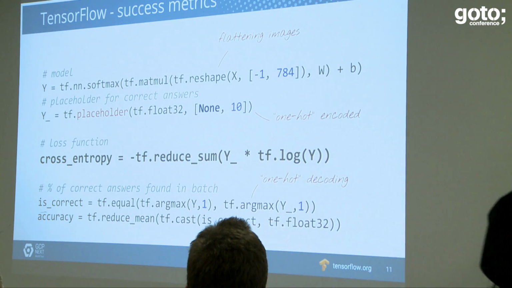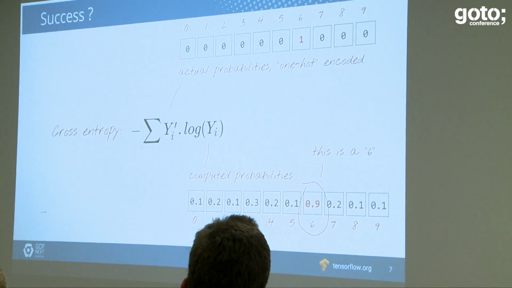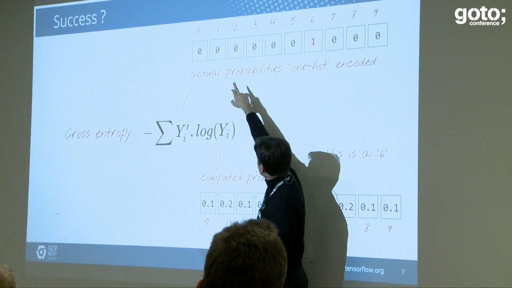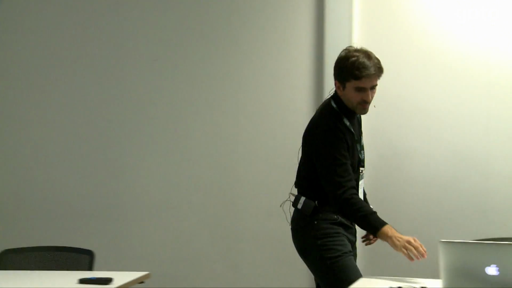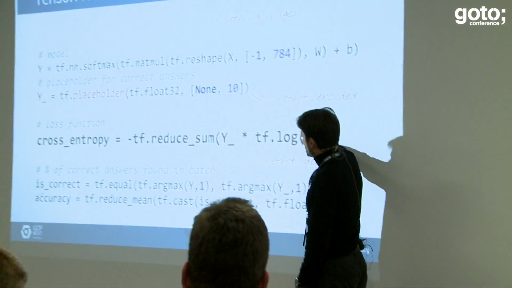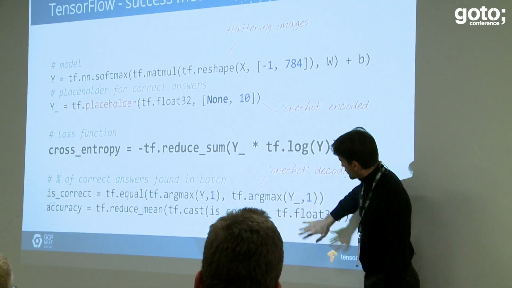It's what we have seen previously on this picture here. We multiply the bits of the label by this number, and we sum across. So reduce sum is a sum across the vector. So now we have our loss function.